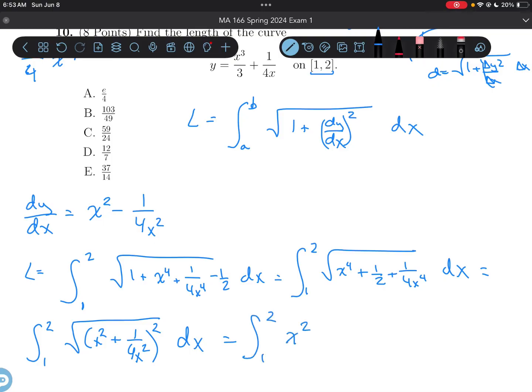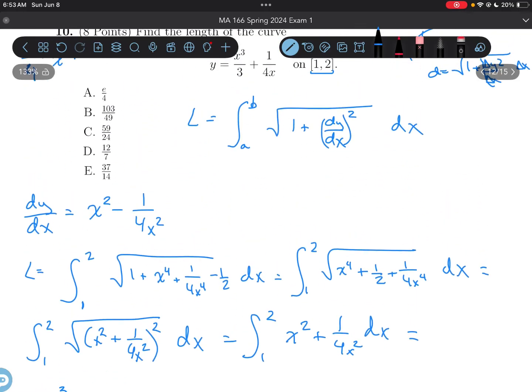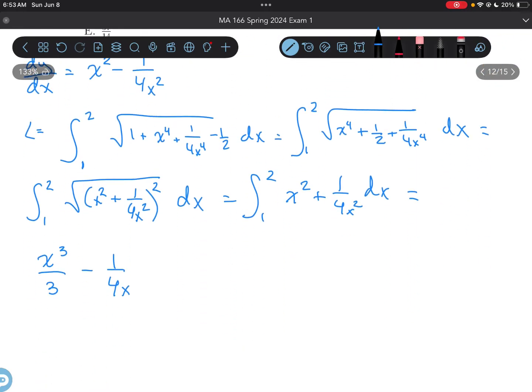So that makes things easy now. We just need to find the antiderivative of x squared plus 1 over 4 times x squared. And then using the reverse power rule, the antiderivative of x squared is x cubed over 3, and the antiderivative of 1 over 4x squared is negative 1 over 4x. And that's evaluated from 1 to 2, like in the original problem. And now I just have to plug in all these values.